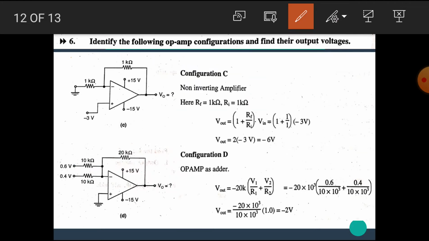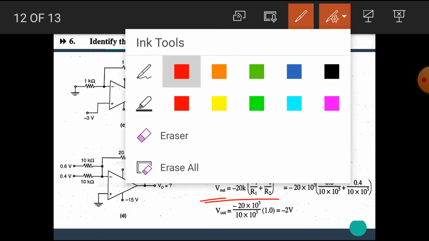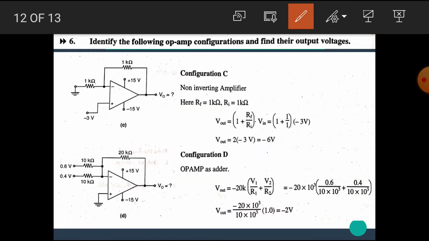From this we can calculate the output expression V out is equal to minus 20k into V1 upon R1 plus V2 upon R2. That means simply we can calculate its value as Rf upon R1.